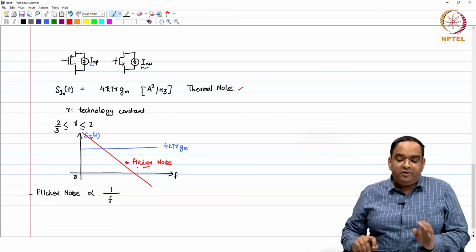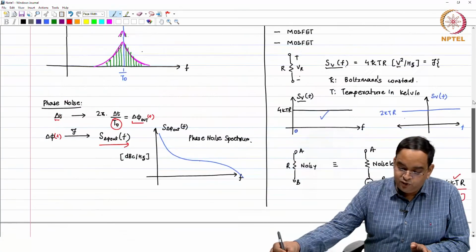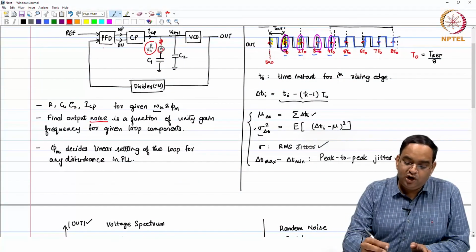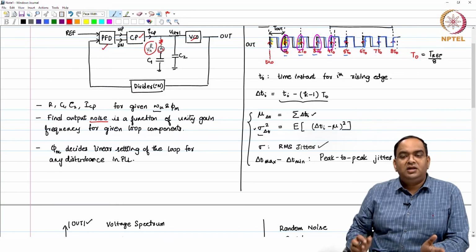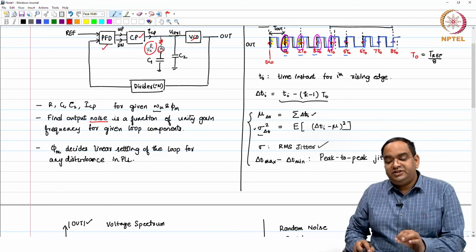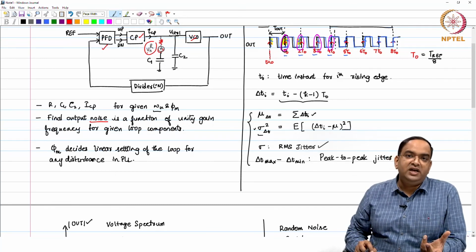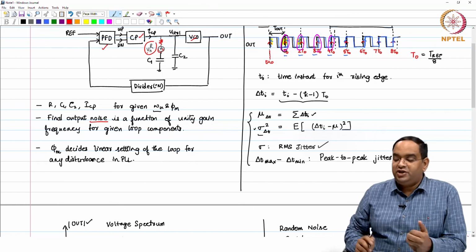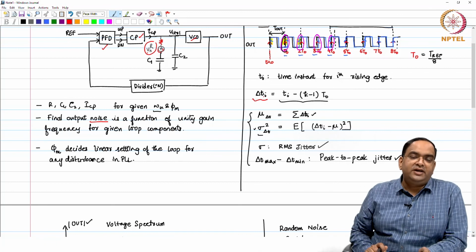The transistor is used to design all your PFD, charge pump, VCO and all the other blocks, and it adds noise to the system. When it adds noise, you get perturbations, which add to the delta Ti and lead to the final output jitter.